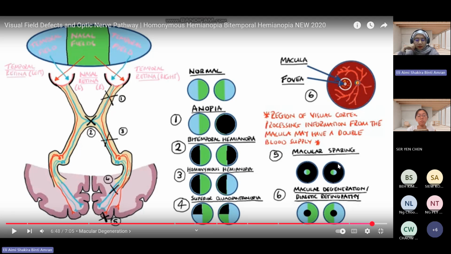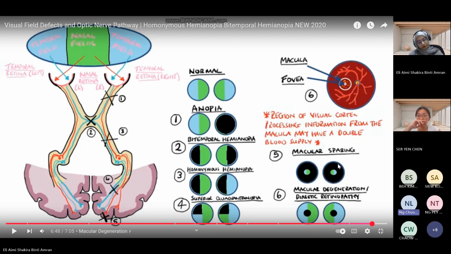In diabetic retinopathy, when we have a high sugar level, it can cause dehydration of the retinal layer. So the retinal layer will become thinner, and when it becomes thin, it will degenerate the macular functions.